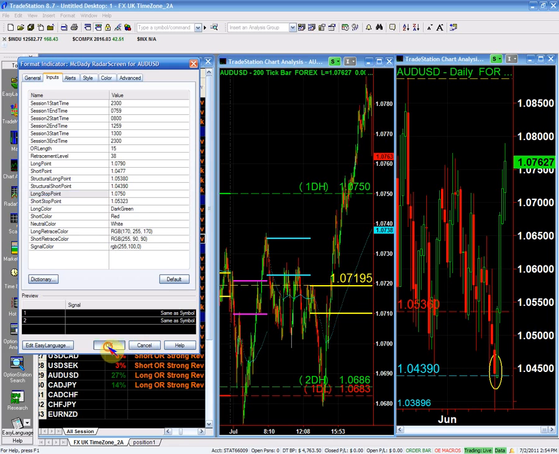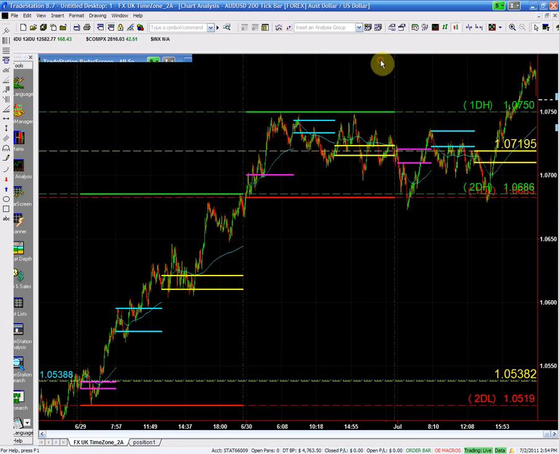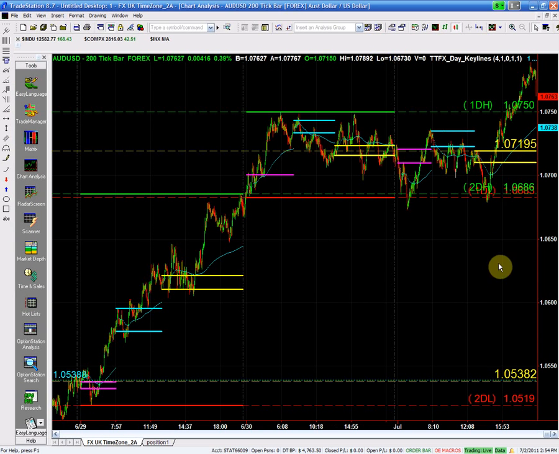Now comes to pick our short entry. This, guys, is the technical short in place.